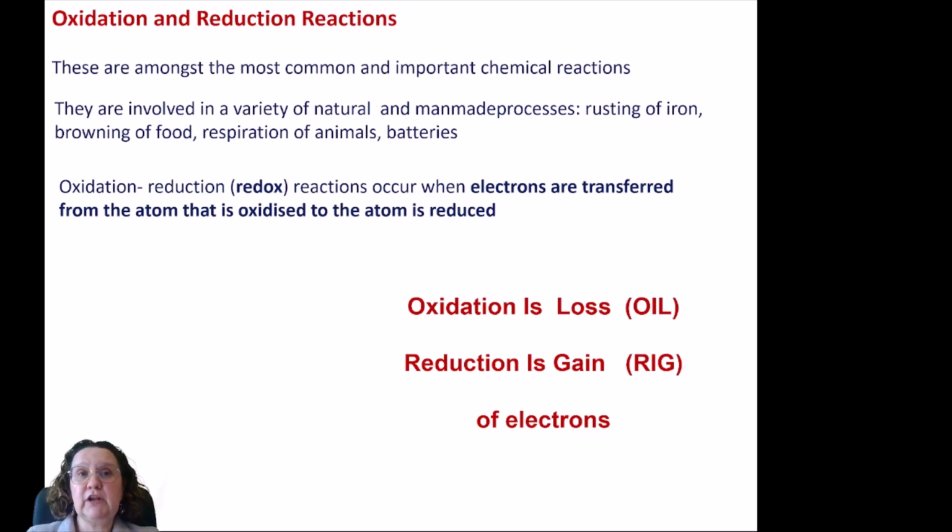this is about electrons. You cannot have a compound losing electrons if there is not another compound in the medium that accepts those electrons. So that's why we talk about redox reactions as a whole, but there are two reactions happening at the same time: one compound losing electrons, and the other compound gaining those electrons.